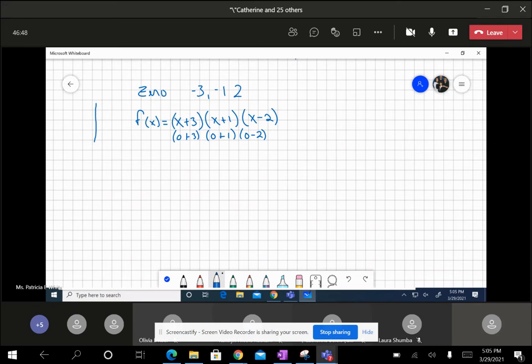If I'm looking for the y-intercept, that x is 0, right? So what would I get then? So my y-intercept is 0 and -6. To get the polynomial, I'm going to just multiply everything out. What would I have?